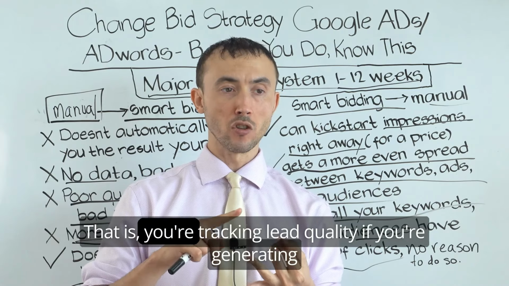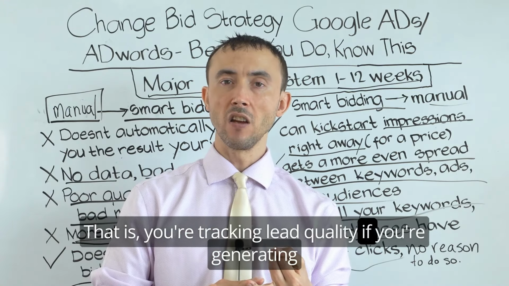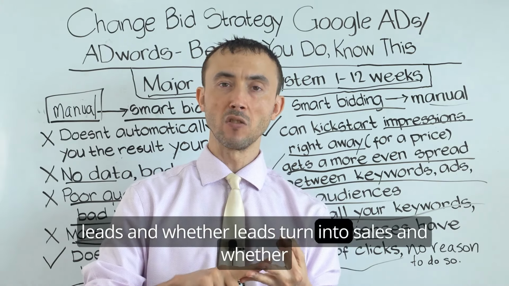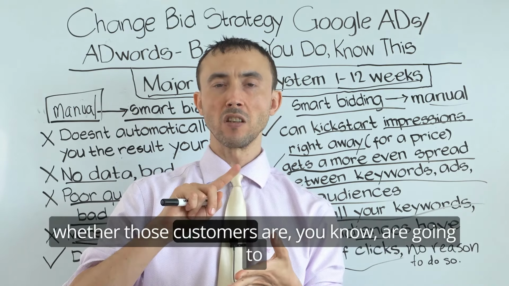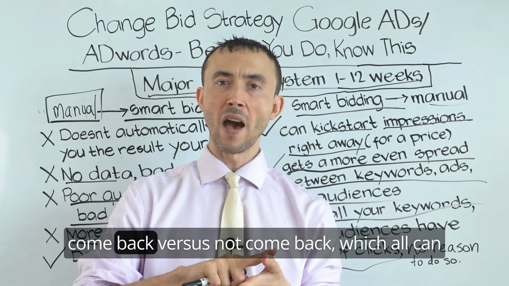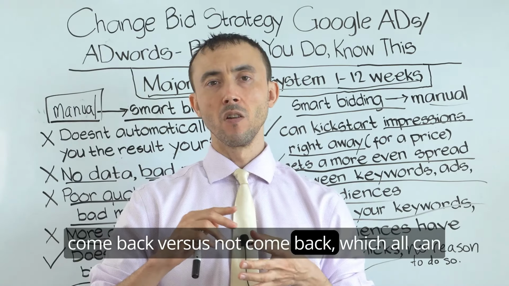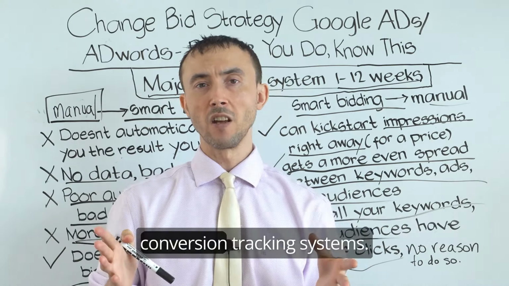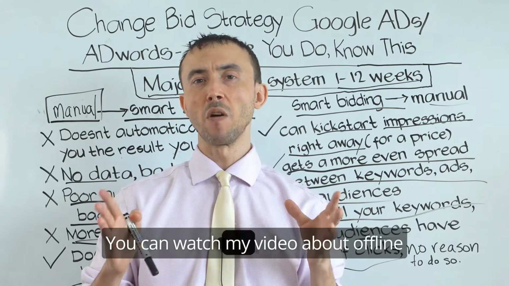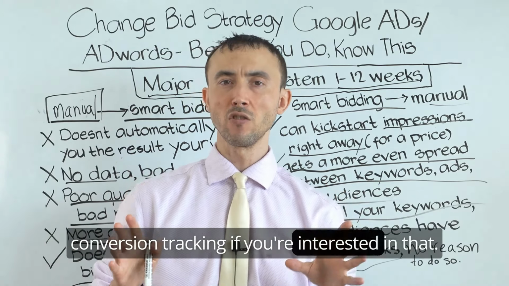That is, you're tracking lead quality, if you're generating leads, and whether leads turn into sales, and whether those sales are big sales versus small sales, and whether those customers are going to come back versus not come back, which all can be done with Google Ads conversion tracking and offline conversion tracking systems. You can watch my video about offline conversion tracking if you're interested in that.